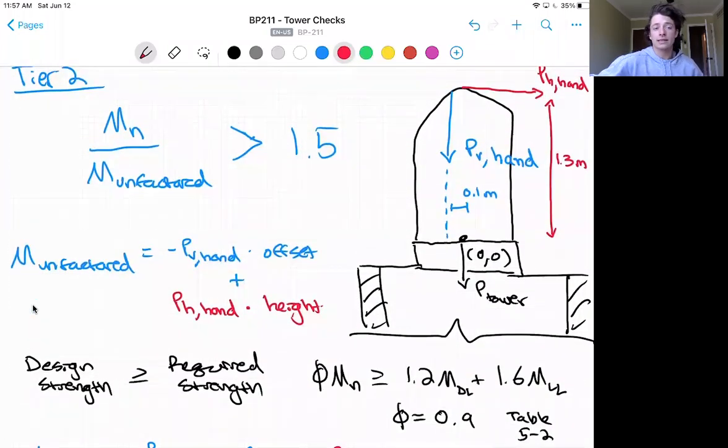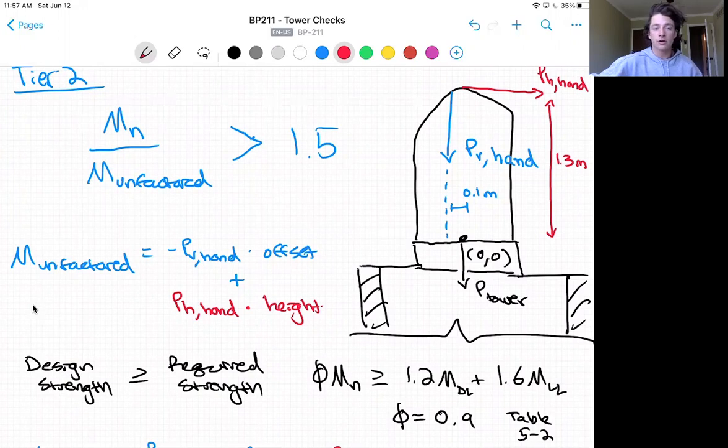Now, allowable strength design, ASD, is very outdated for reinforced concrete. And to follow the full LRFD, load and resistance factor design check, we will compare our design strength to our required strength. Design strength comes from our factored nominal capacity of 0.9 times Mn. Because this is a tension-controlled section, we can use Table 5-2 from the code to take 0.9 as our strength reduction factor.